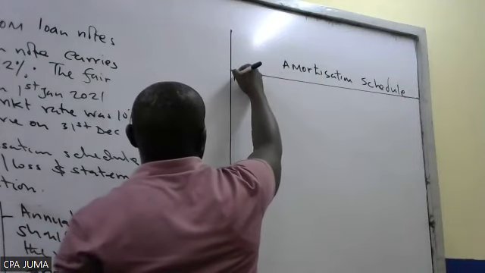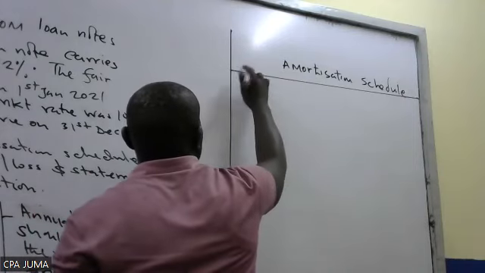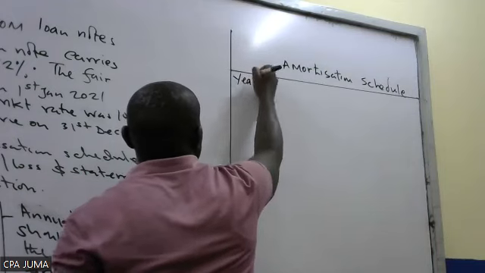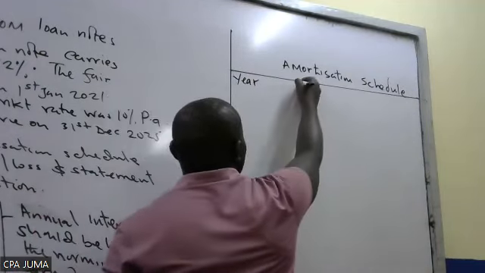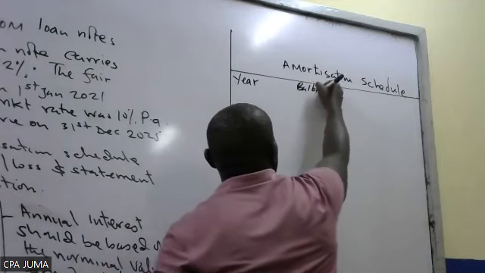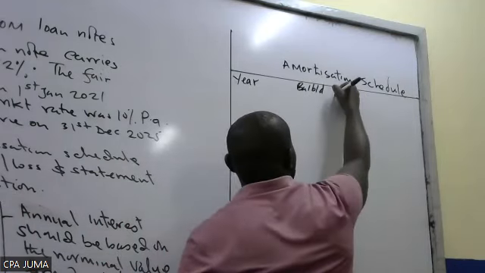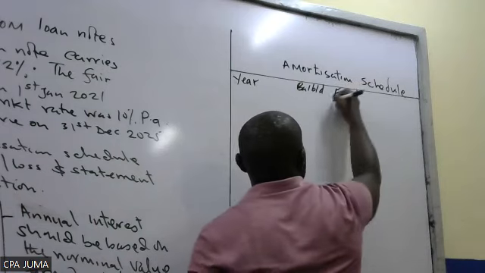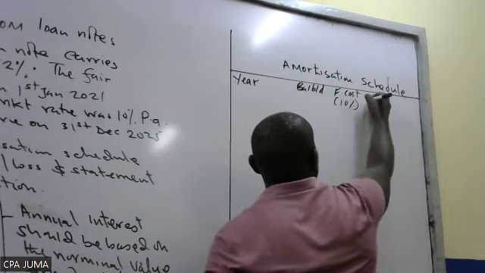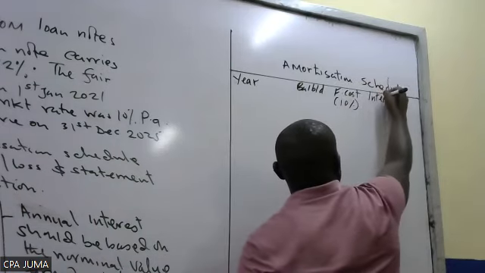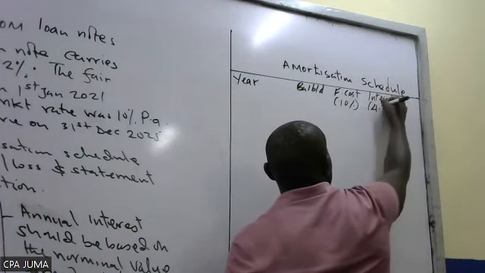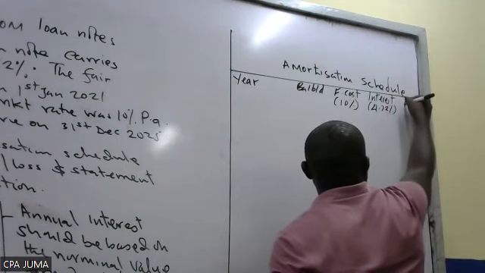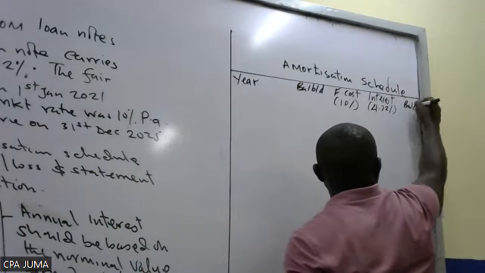So let's say year, balance brought down, then finance cost at 10%, then annual interest paid at 4.72%, then balance carried down.